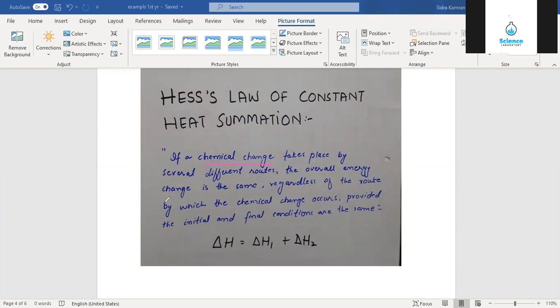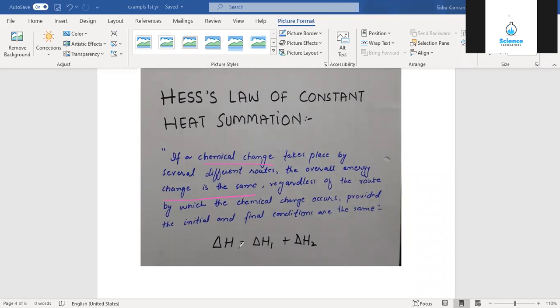The overall energy change is the same, whether you form carbon dioxide in a single step or by another route, regardless of the route by which the chemical reaction occurs, provided the initial and the final conditions are the same. Initially the reactants are the same, finally the product is the same, it doesn't matter which route you have chosen to form the product.